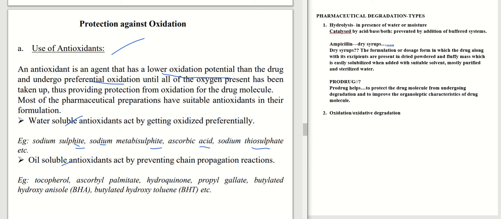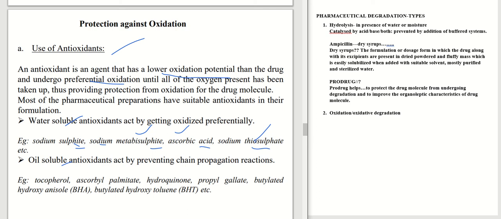Sodium sulfite, sodium metabisulfite, ascorbic acid, sodium thiosulfate. Sodium thiosulfate is an antioxidant majorly used for parenteral products, depending on the drug also. And ascorbic acid and sodium metabisulfite are the commonly used antioxidants.